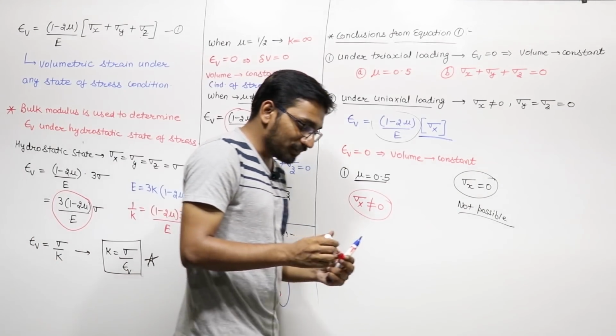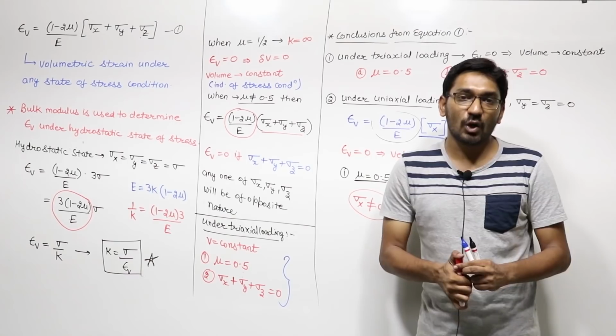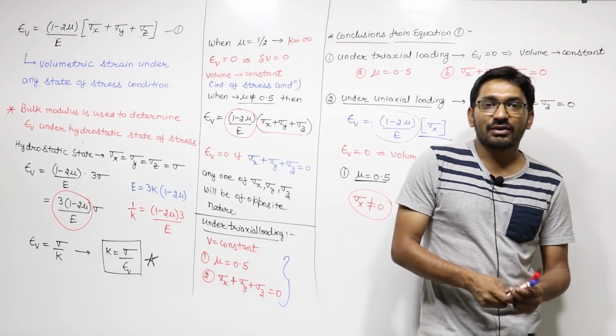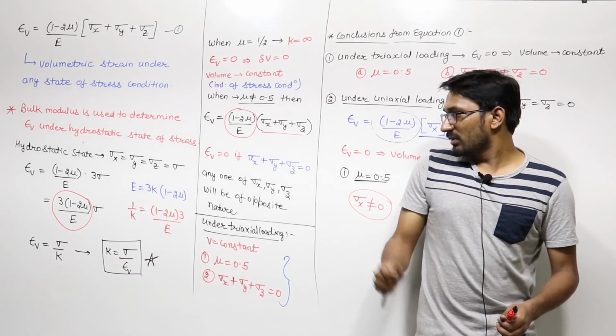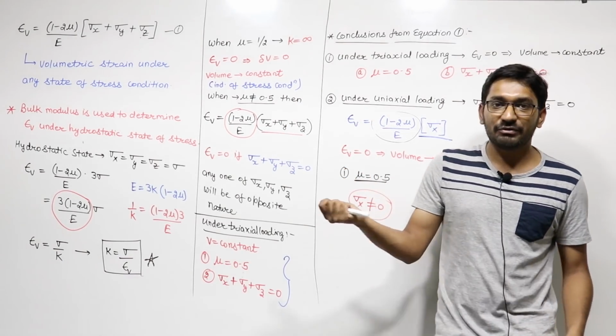So we can say that in a uniaxial loading case, the volumetric strain will be 0 only when mu is 0.5.